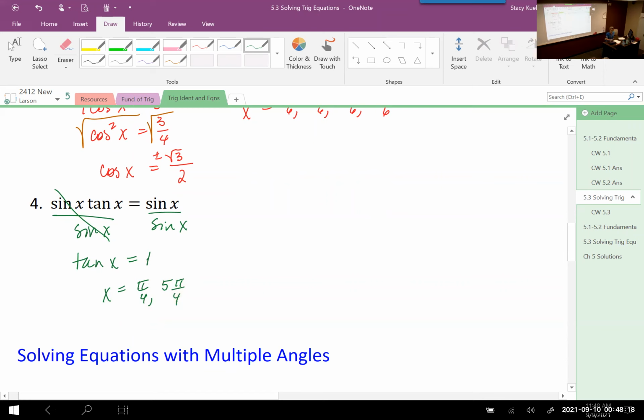Let's go with your correct solution here. Instead, tan x sine x is equal to sine x, so tan x sine x minus sine x is equal to 0. I'm going to subtract sine x and gather all of my like terms on the same side. Now you notice what I can do here? I can factor. So I would have sine x times tan x minus 1 is equal to 0.